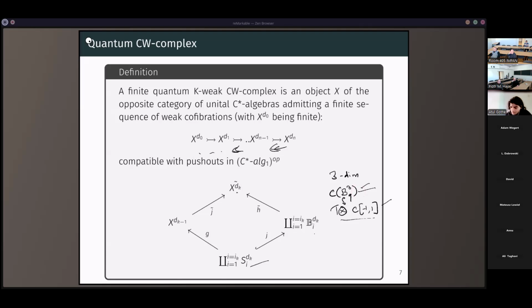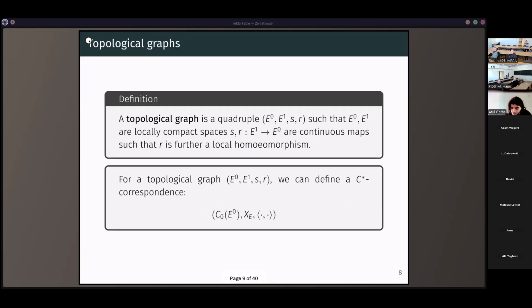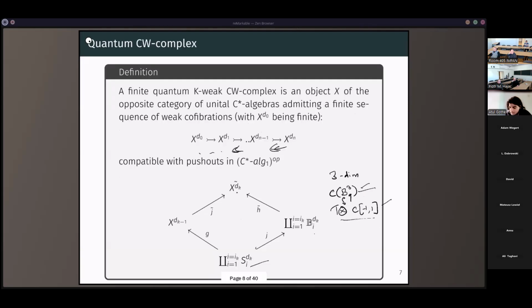Okay, so moving on. Once we have these quantum CW complexes, we want morphisms which induce isomorphisms on K theory and so on.